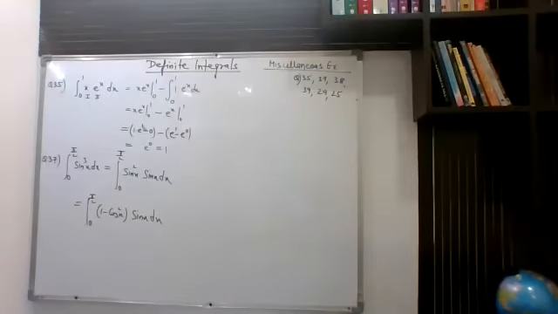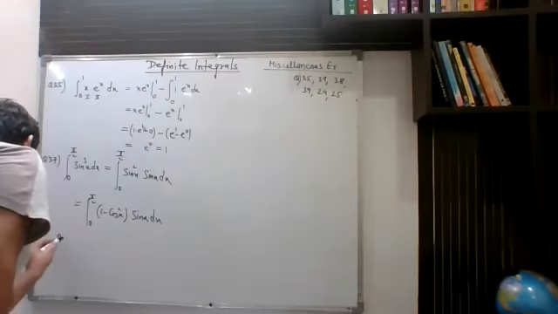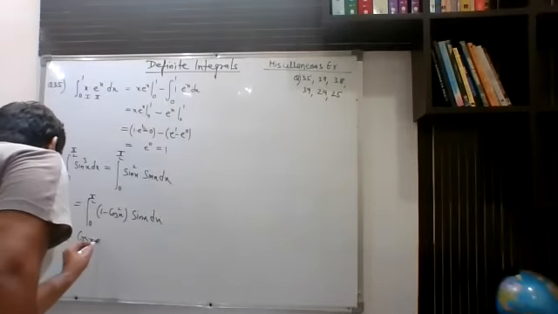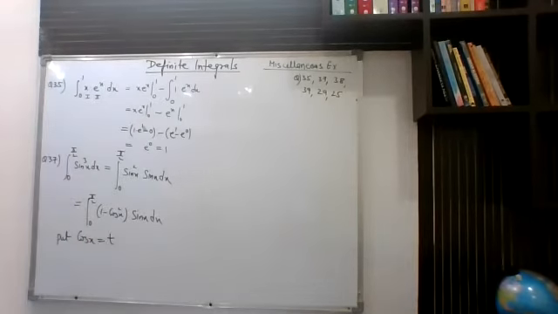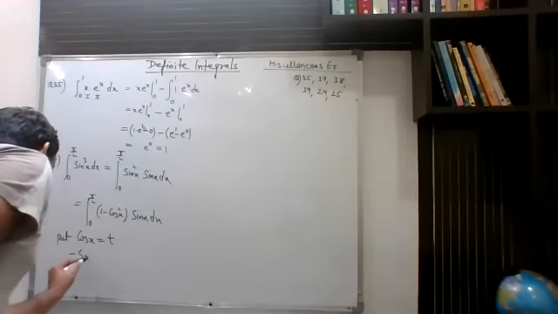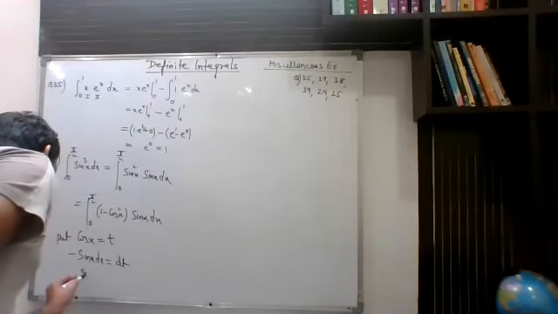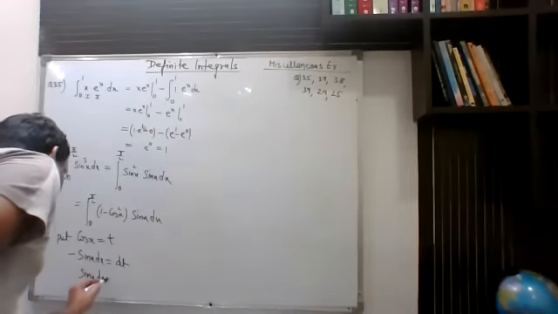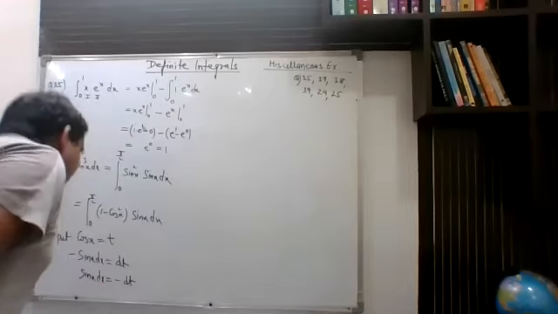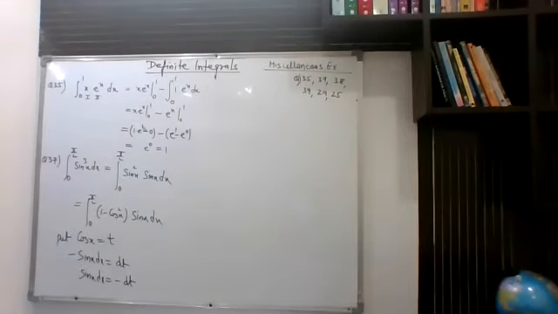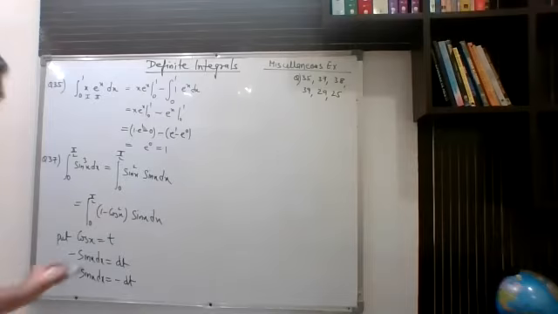Now obviously you have to put cos x is equal to t. When you put cos x is equal to t, you differentiate both sides. It is minus sin x dx that is equal to dt. So that means sin x dx can be written as minus dt. Now let us change the limits also as per our substitution.